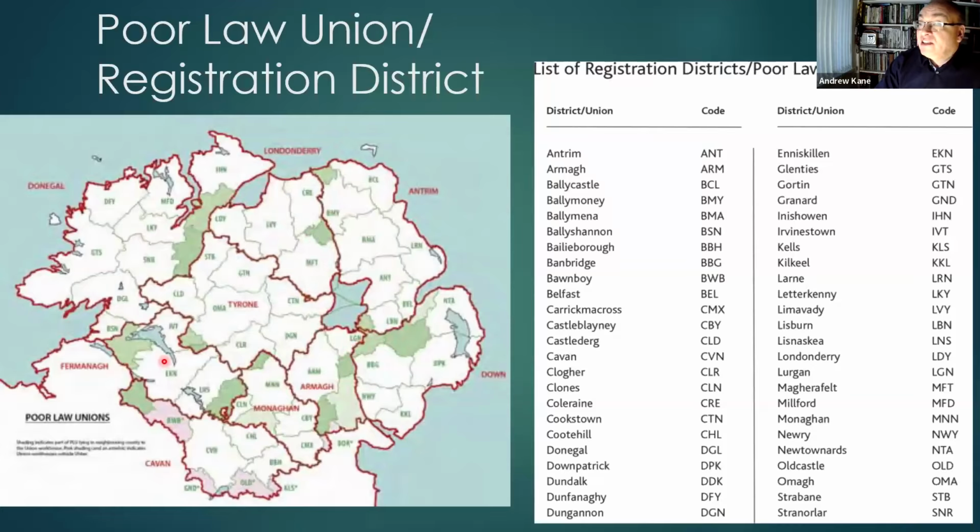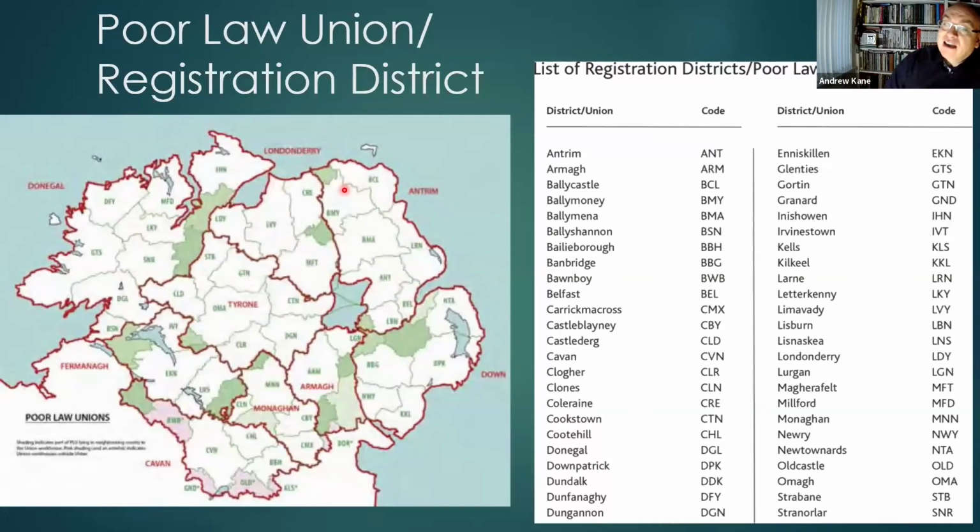There have been some changes in the Poor Law Union stroke registration district over the years. And those mostly related to the fact that whenever county councils were introduced in 1898, because the election of the Poor Law Guardians was governed by these electoral districts, which had been set up under the Poor Law, these districts were then used for elections for county councillors.